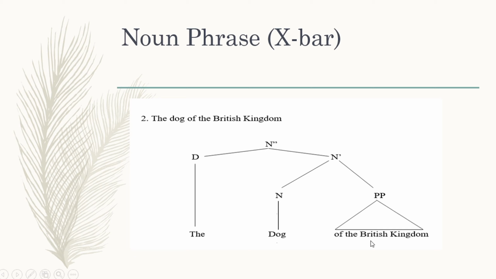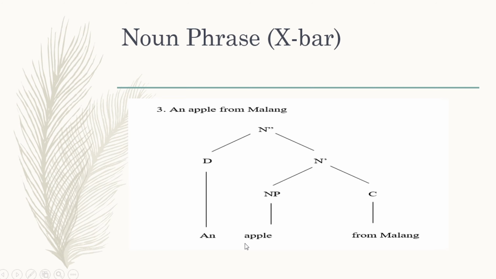Okay, it also has a noun, which is dog, and the determiner, the. Let's move on. Okay, the third one is an apple from Malang. It has a determiner and a noun, apple, and complement from Malang.